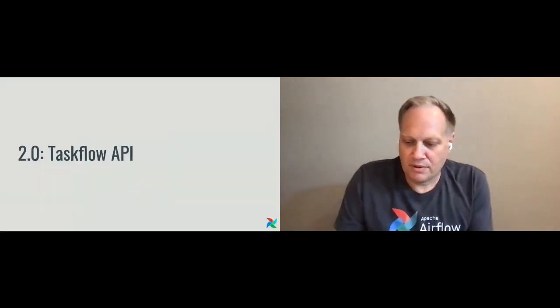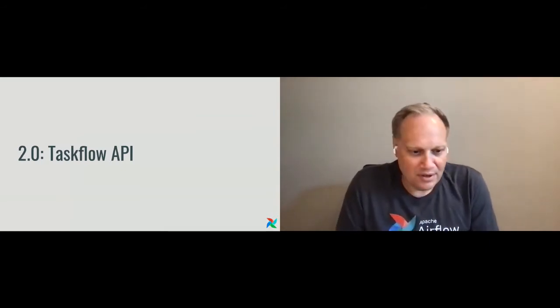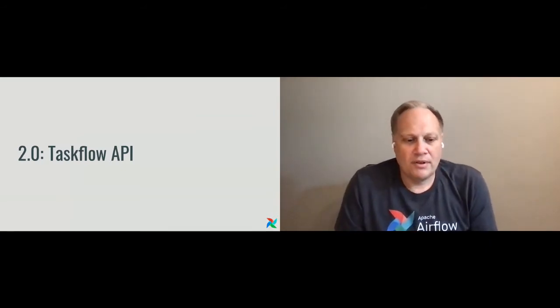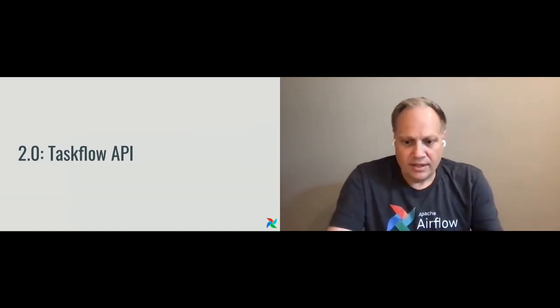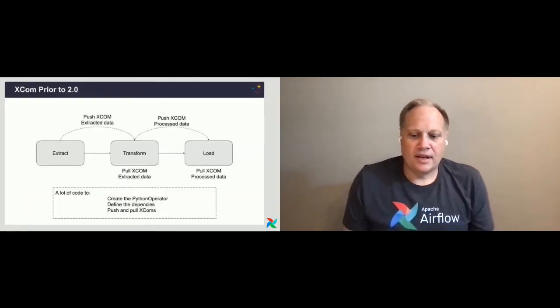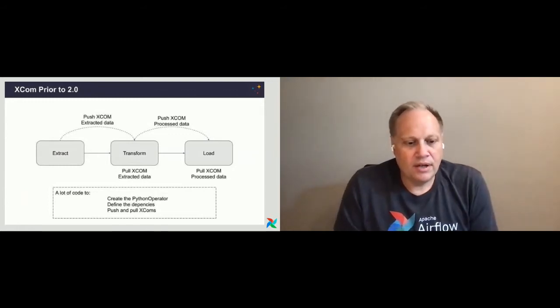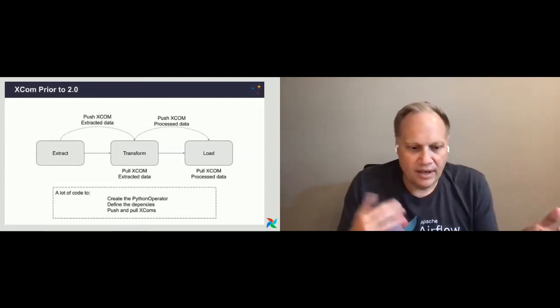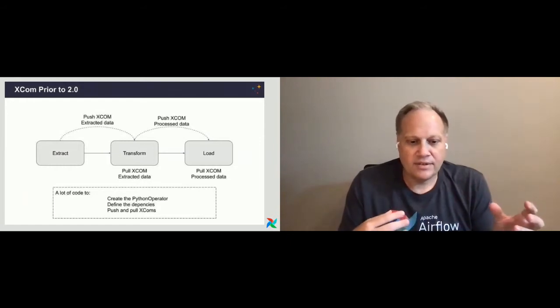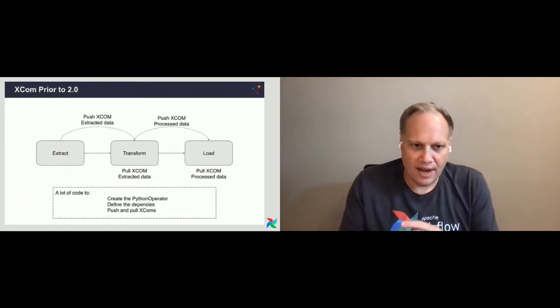I'll just walk you through a few of the features that I find pretty cool and interesting. So we'll start with the Taskflow API. Prior to Airflow 2, you had to set inputs and outputs of tasks if you wanted to do data sharing across tasks.